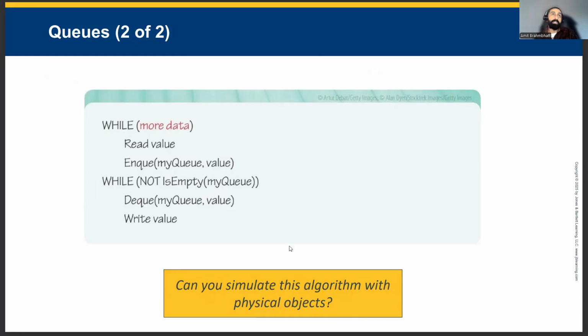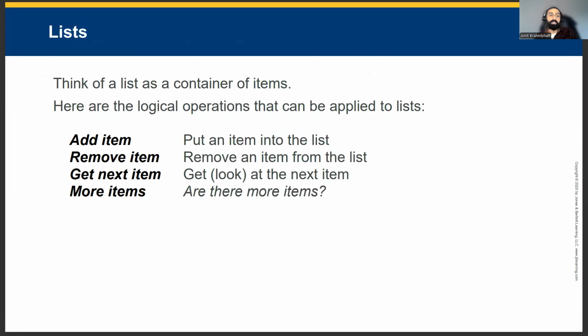Let's move on to the next one, which is a list. A list is one of the most flexible and commonly used data types. You can think of a list as simply a container holding a sequence of items. On this slide, we focus on the core logical operations that any list should support.